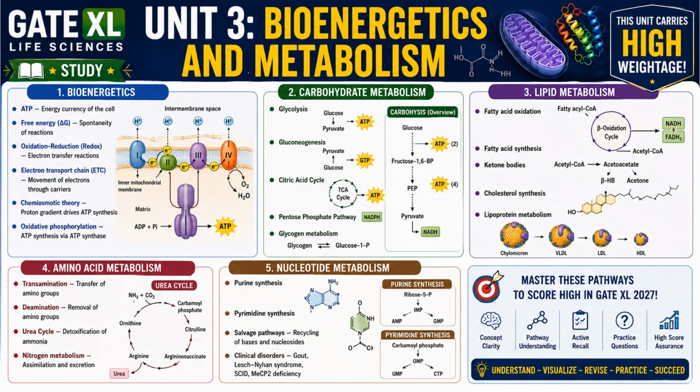And the last one is nucleotide metabolic processes, where we have purine synthesis and pyrimidine synthesis, both the salvage pathway as well as the de novo synthetic pathway. And then all the diseases associated, we call them inborn metabolic disorders, associated with all these five metabolic components.